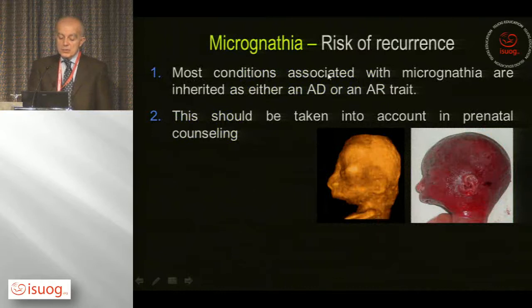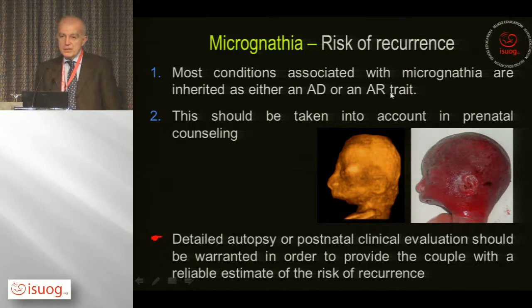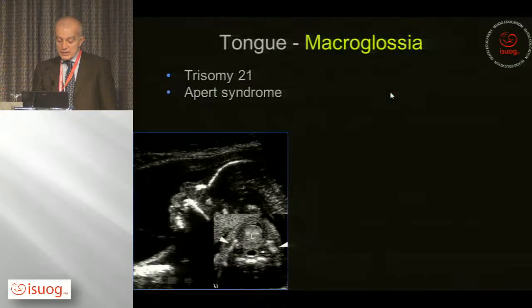Keep in mind that most of the non-syndromic conditions and primary dysostosis involving the mandible may have an autosomal recessive inheritance trait. So this is quite important for you to consider, because a detailed autopsy should be warranted to assess the risk of recurrence in this case.